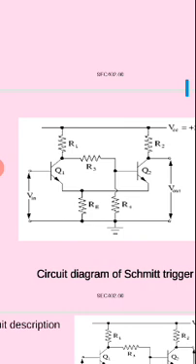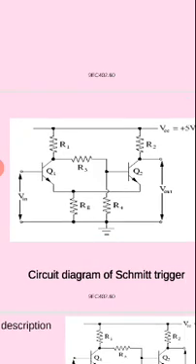Circuit diagram. In this circuit, there are two transistors Q1 and Q2.